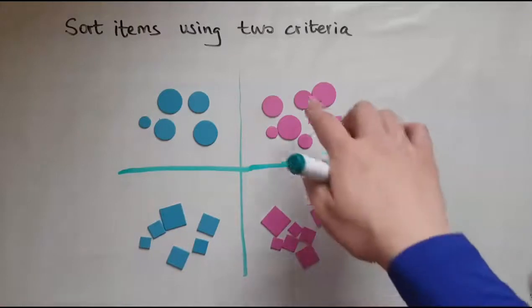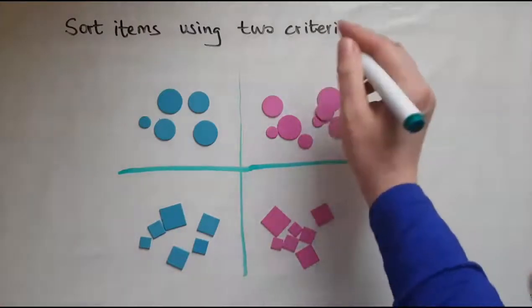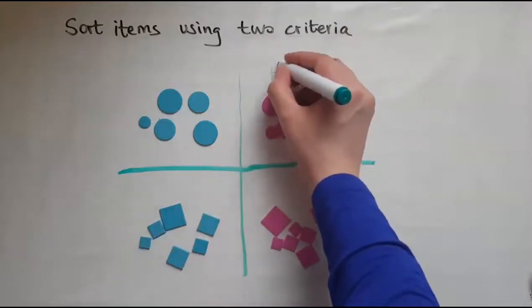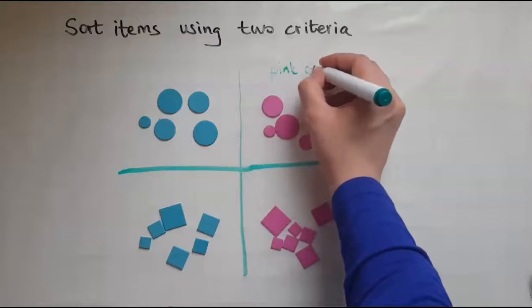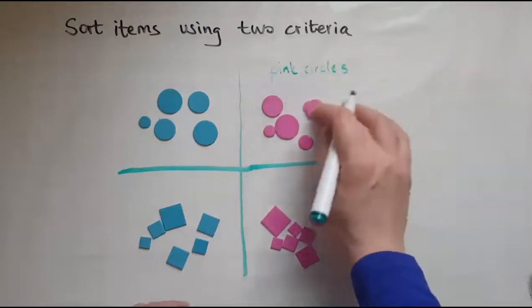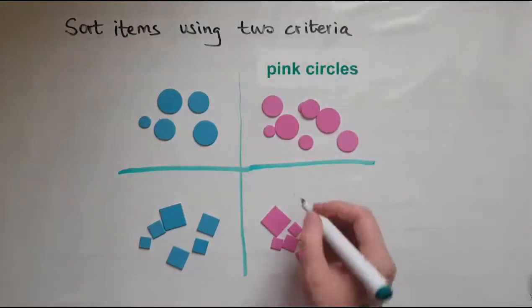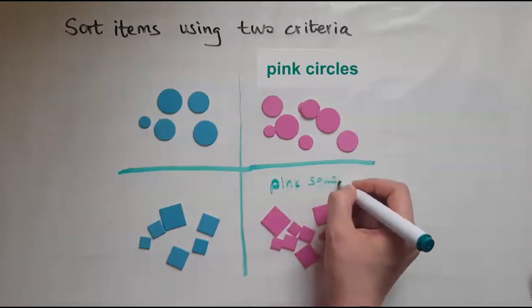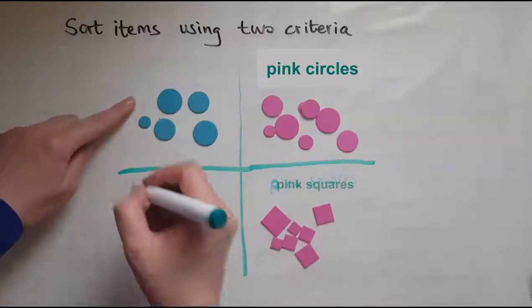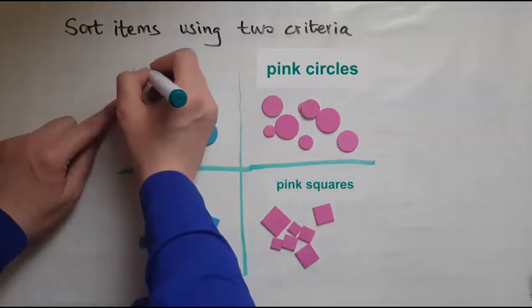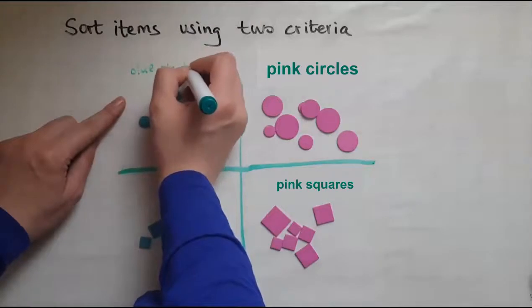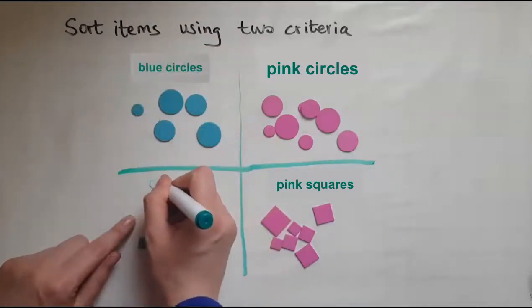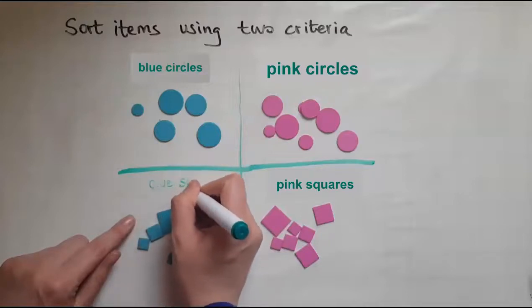So what I have here is pink circles, and here I have pink squares. We have blue circles and here I have blue squares.